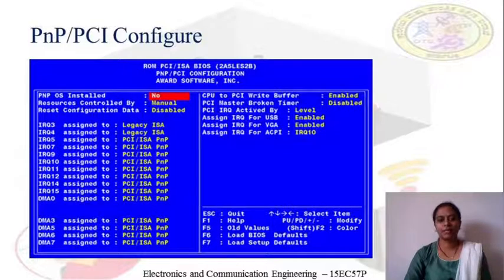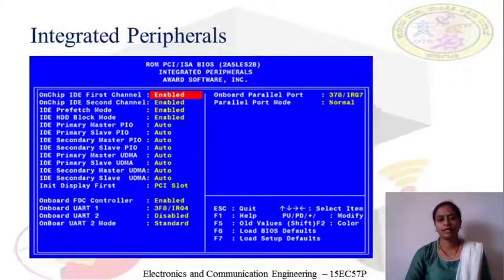Next is PNP or PCI configuration. Okay, this is used to allow the OS to set up different hardware settings. It can allow, enable or disable different interrupt requests and so on. Next, we have integrated peripherals.